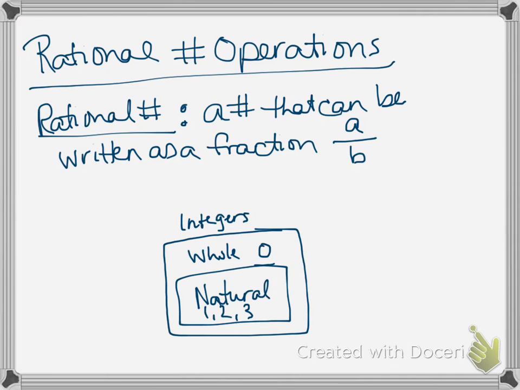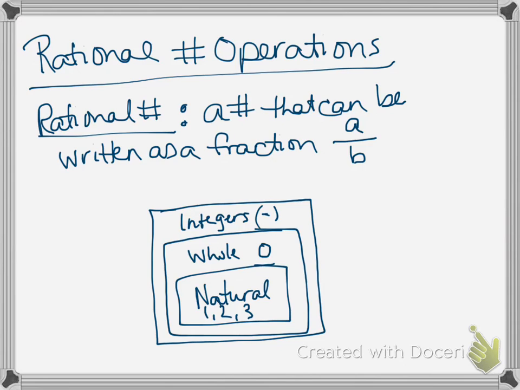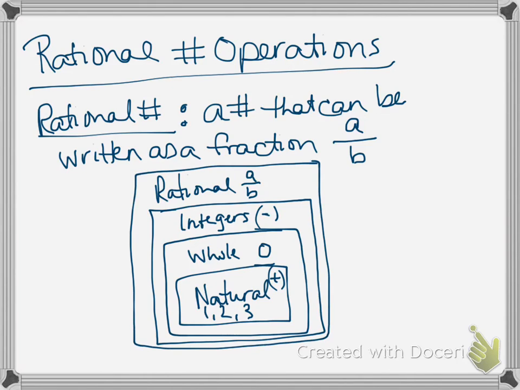Integers are going to be including those negative numbers. So integers are technically negative numbers, 0, and positive numbers. And then we have our rational numbers, which include all of those numbers: integers, negative whole numbers, positive whole numbers, and then also numbers that are written as fractions.